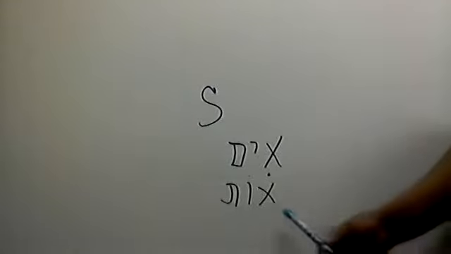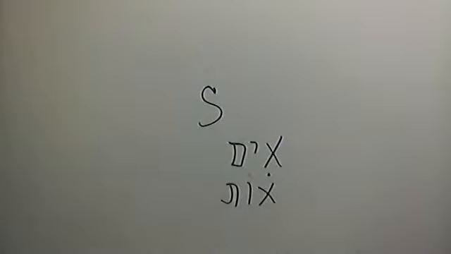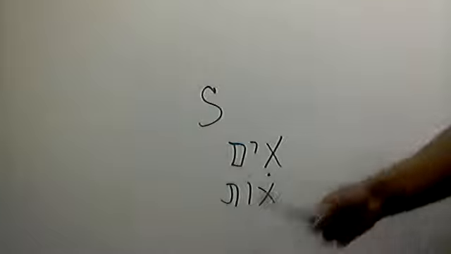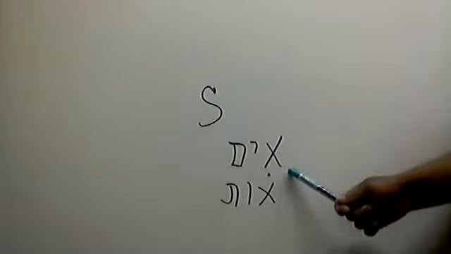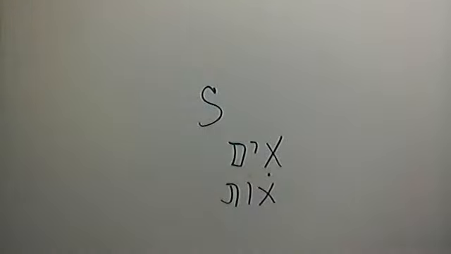Then you have ot for the feminine plural in most cases. So this is something we want to point out. Just because a word ends with im doesn't always make it plural. However, it does in many cases. So let's go on, brothers and sisters, to the next part.